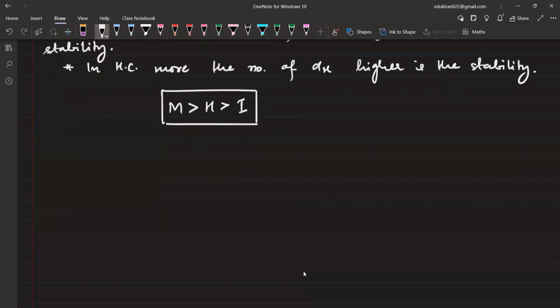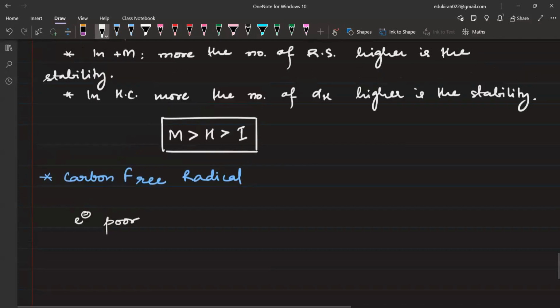Second one. You're having carbon free radical. Carbon free radical, it is also electron poor.